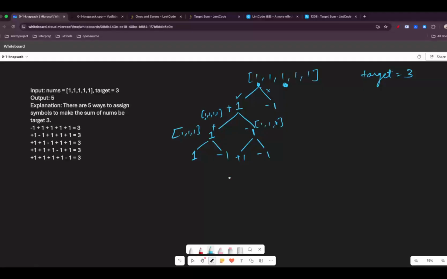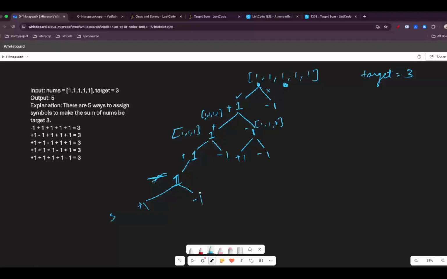Here one scenario could happen: it already exceeded the target. But if we go ahead with +1, it becomes 5, fine. But if we go for -1, it becomes 3 again. So even if we exceed the target, we don't need to block that path.